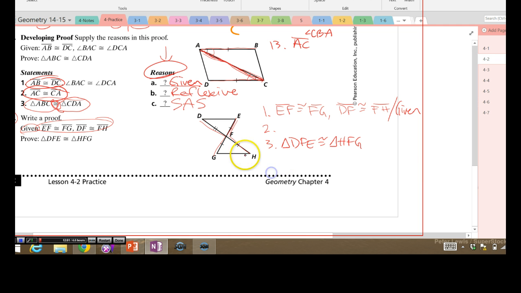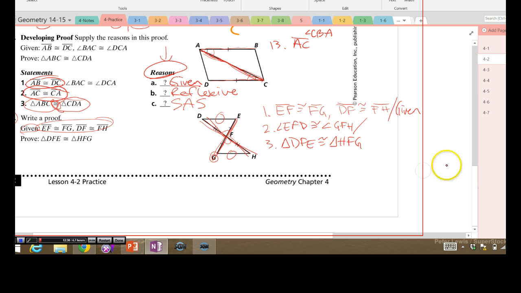Well, if I have these two sides congruent to these two sides, at this point I either have to prove that this side is congruent to this side, or I could say something about this angle congruent to this angle. Does that look familiar? Yeah, it should. So now I'm going to say that angle EFD has to be congruent to angle GFH.